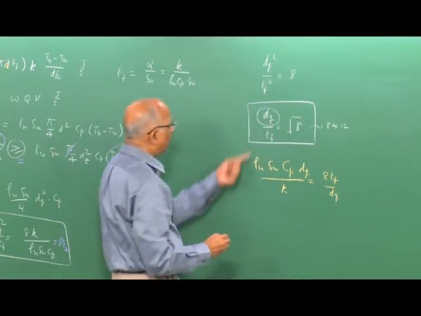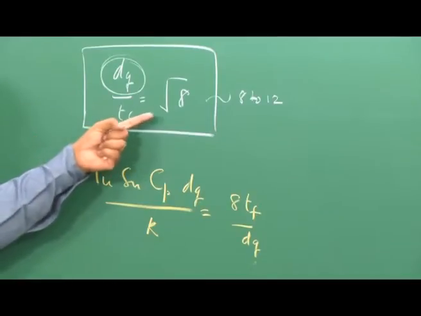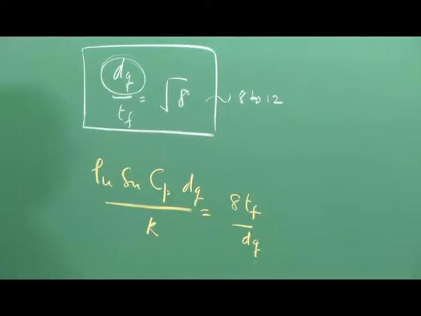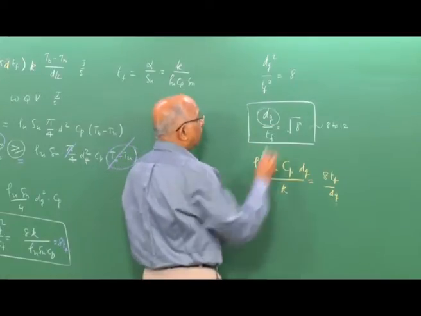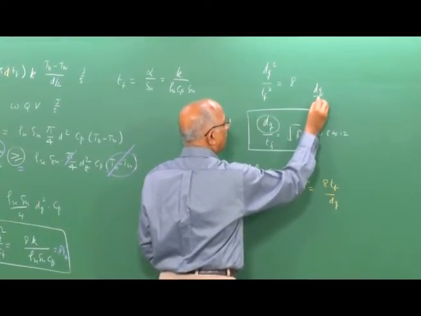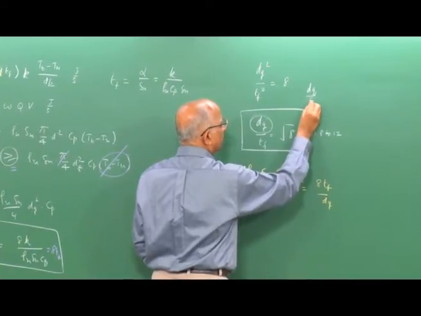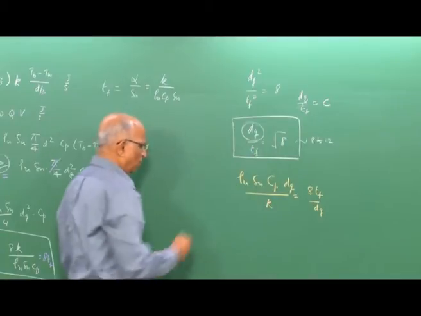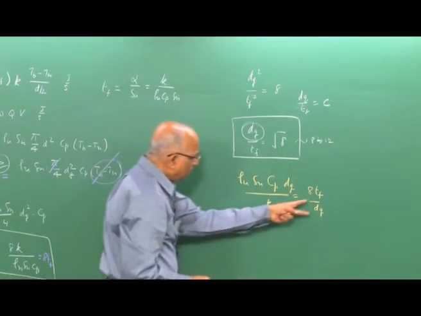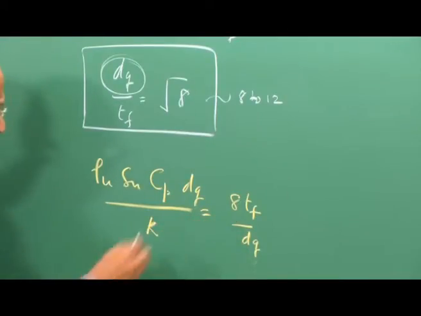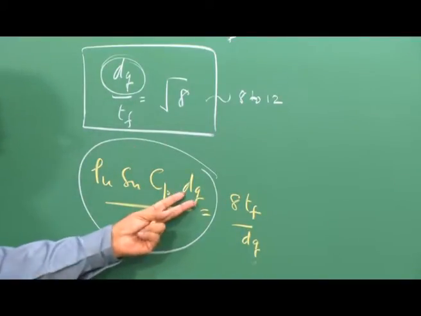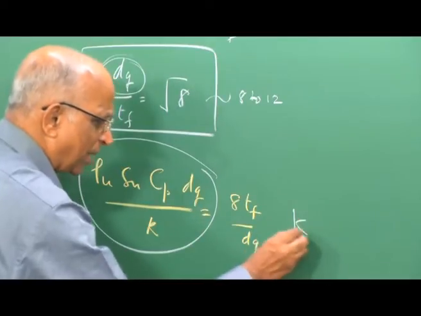But just now we said dq by Tf is a constant, we arrived at 8, something like a constant which is of the order of, let us say, 10 or so. Therefore, I can say this particular parameter which contains the quenching distance is a constant k.